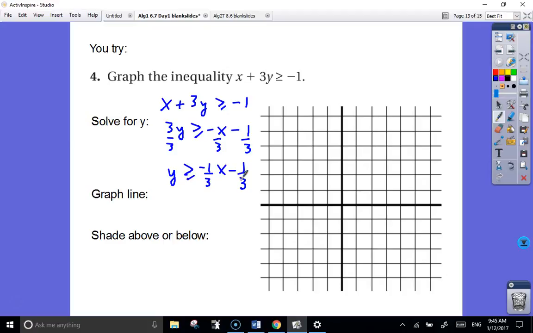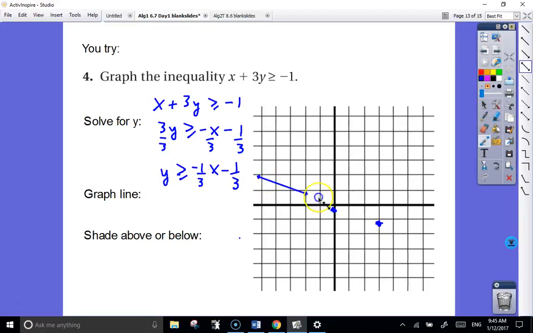Okay, so what's the first point to graph? The y-intercept is negative 1/3, which means it goes about right there. And then the slope is negative 1/3. So how do I find another point? Down 1, which means you're a little lower than negative 1, right 3, so it's about right there. Do I use a solid or a dashed line? Solid because it's or equal to. So here's my line drawer.